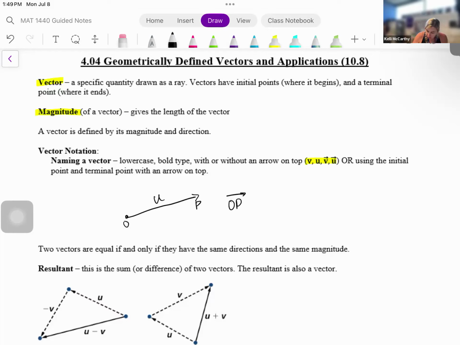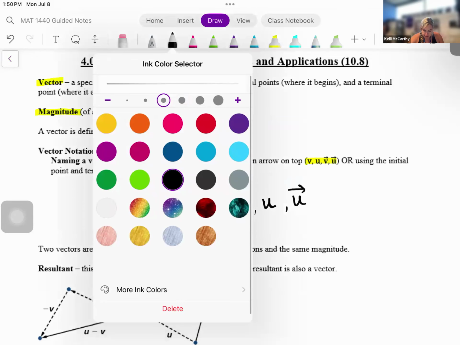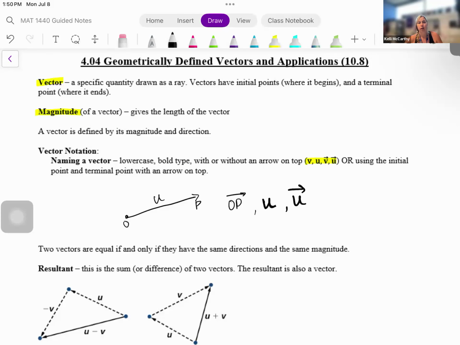If we call this U, we could write this as vector U in bold. We could also call this U with an arrow on top. So several different options for naming a vector. Two vectors are equal if and only if they have the same direction and the same magnitude.